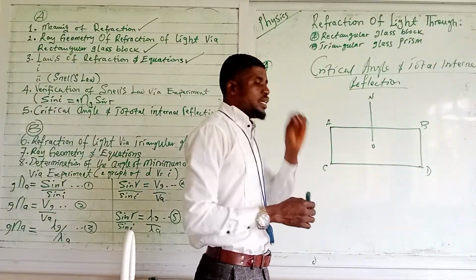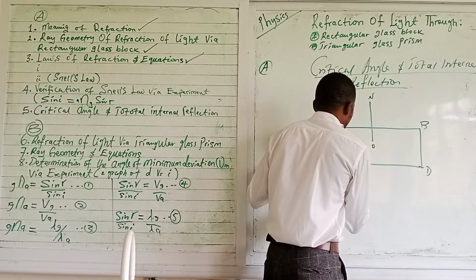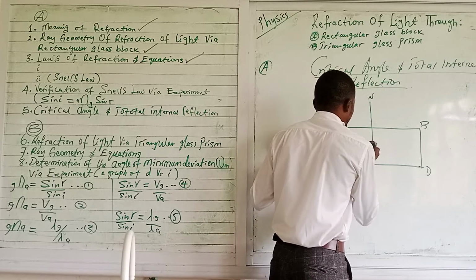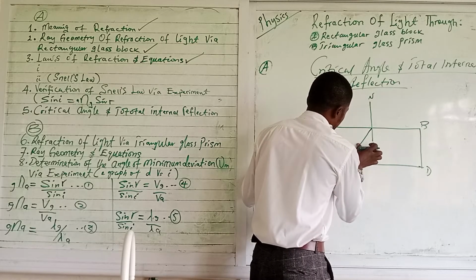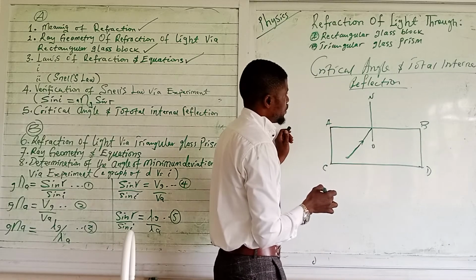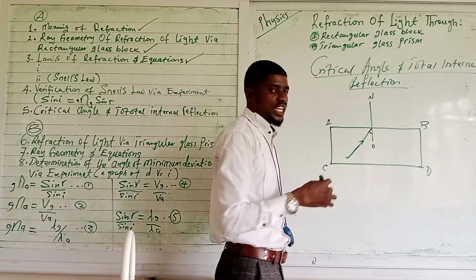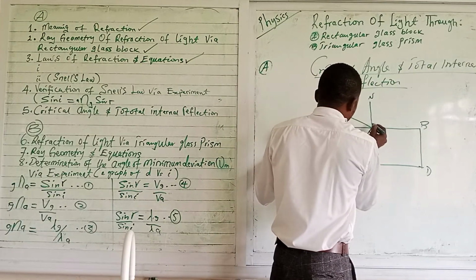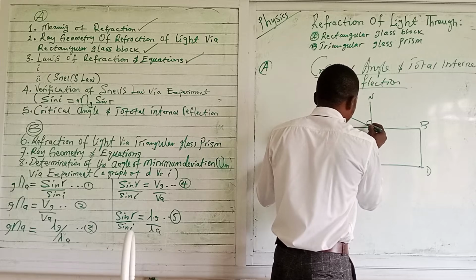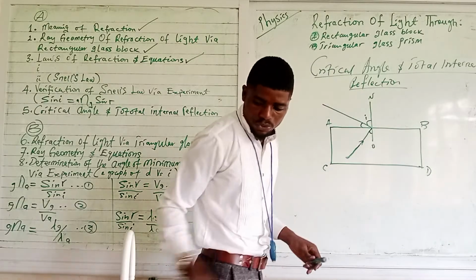In simple terms, a ray of light traveling from a denser medium will be incident at this place, and the angle is always measured to the normal. Take notes. In the other diagram, I drew something like this. The incident angle is always to the normal, not to the surface. Please take notes.